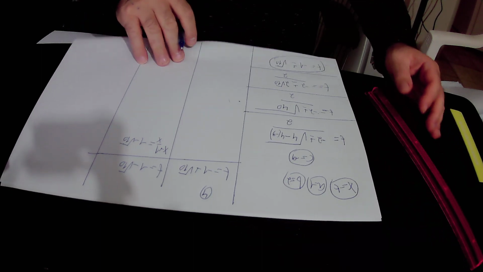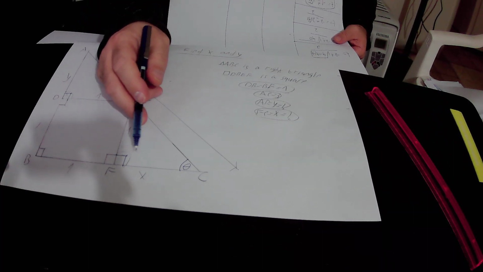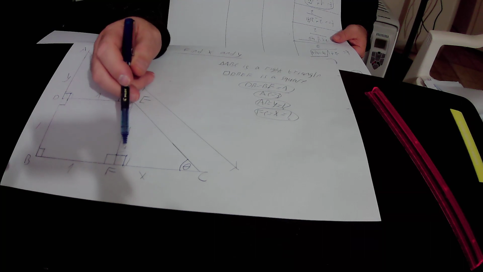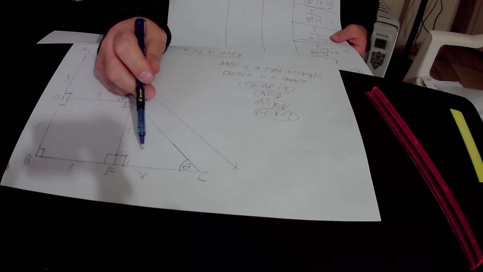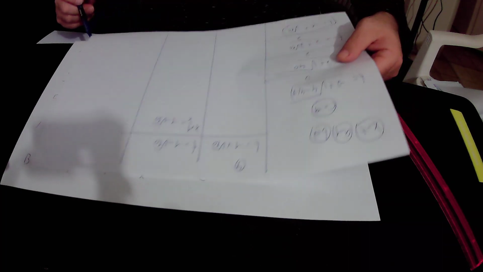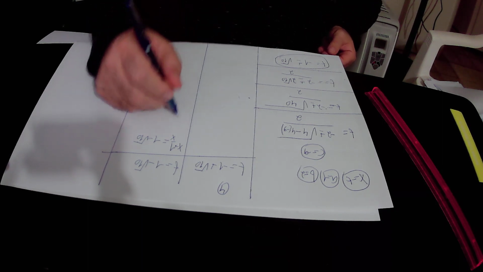But as you can see from the drawing, x is the length of one side of the right triangle, triangle EFC. Therefore, x as a length must be a positive number. If x is positive, then x plus 1 over x must also be a positive number.